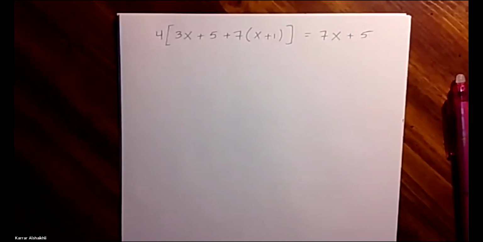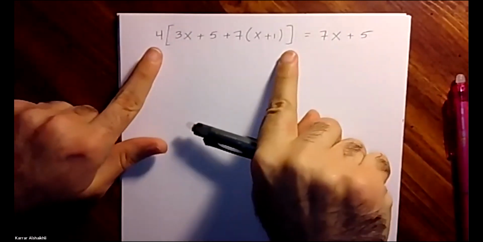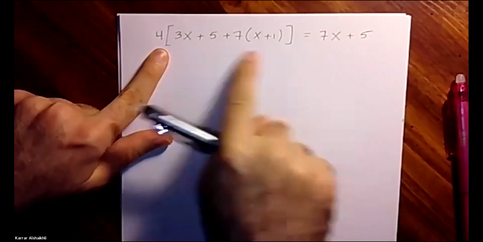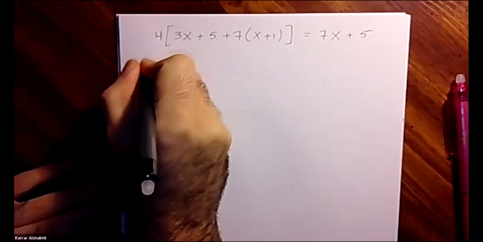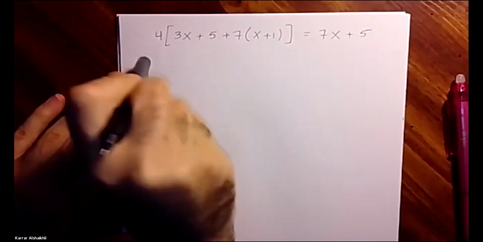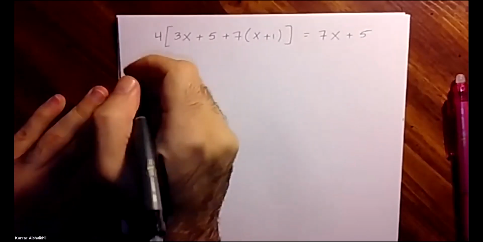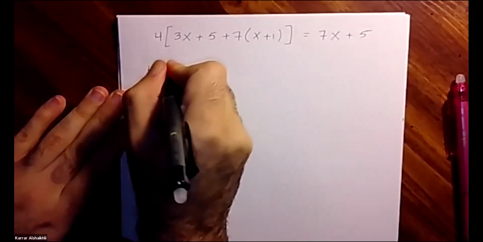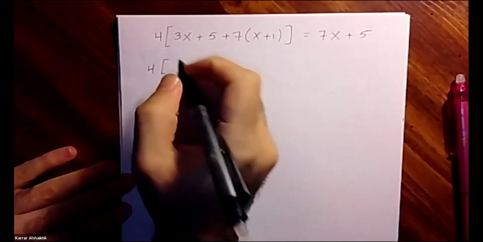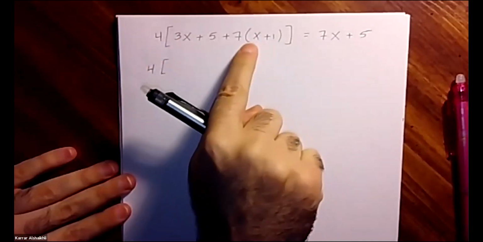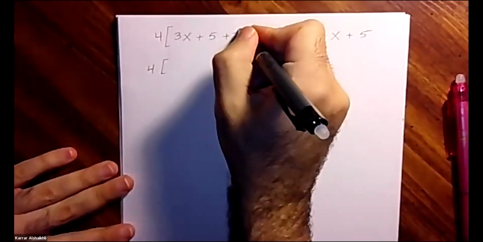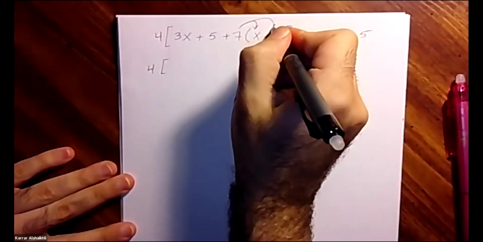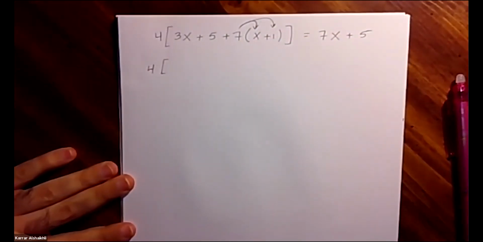So we're going to do exactly the same thing. Every time when you have a bracket, you try to simplify everything inside the bracket. So here's the thing. We're going to write down 4, and here is the bracket. I'm going to write down everything because I have parentheses here. And there's a number here, so I'm going to distribute the 7 on the parentheses.